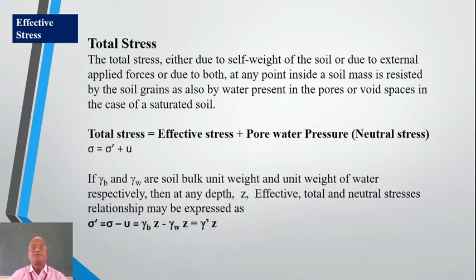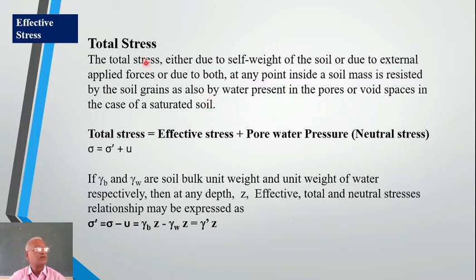The stress, either due to self weight of the soil or external applied force, or due to both at any point inside the soil mass, is resisted by soil grains as also by water present inside the pores or void spaces in the case of saturated soil.